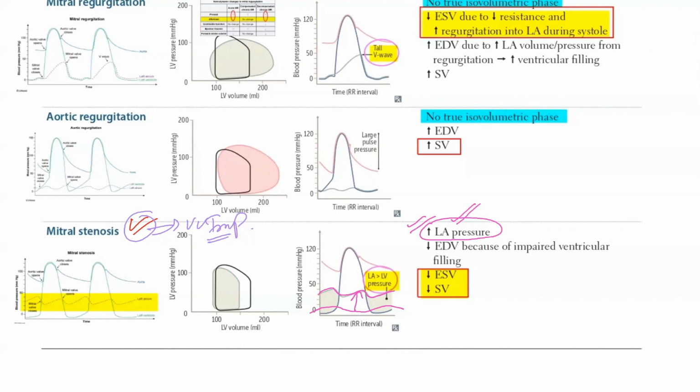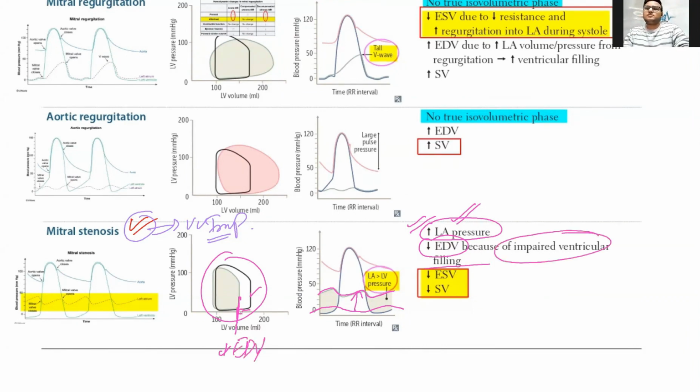Increased left atrial pressure and decreased end diastolic volume. You can see in this diagram, this is normal, but this is decreased end diastolic volume because of impaired ventricular filling. End systolic volume is also decreased, you can see that this is coming backward.